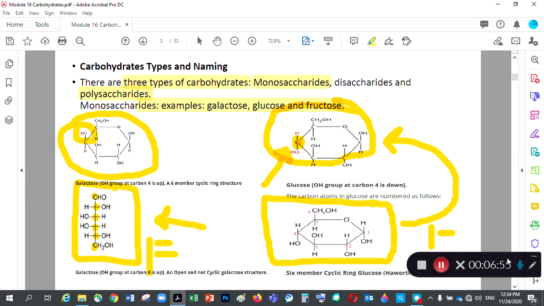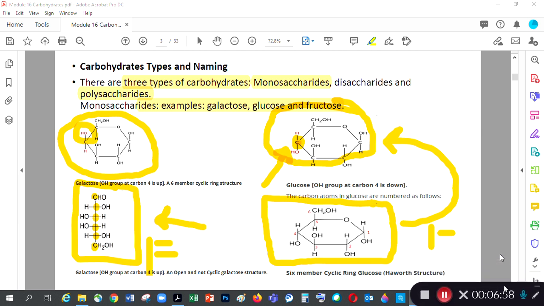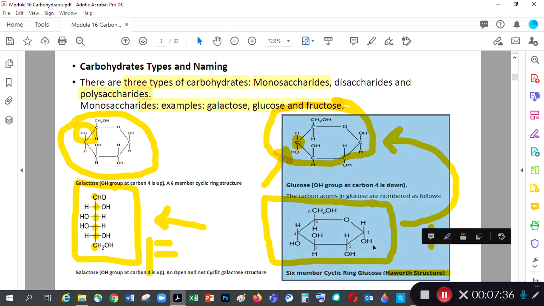This is the Haworth structure, the cyclic one, and this non-cyclic one is called the Fischer structure. Both of them are glucose, but they are drawn with different structures. Both of them can be present, but the most stable one is the Haworth structure. The cyclic one is the most stable structure compared with the non-cyclic one.